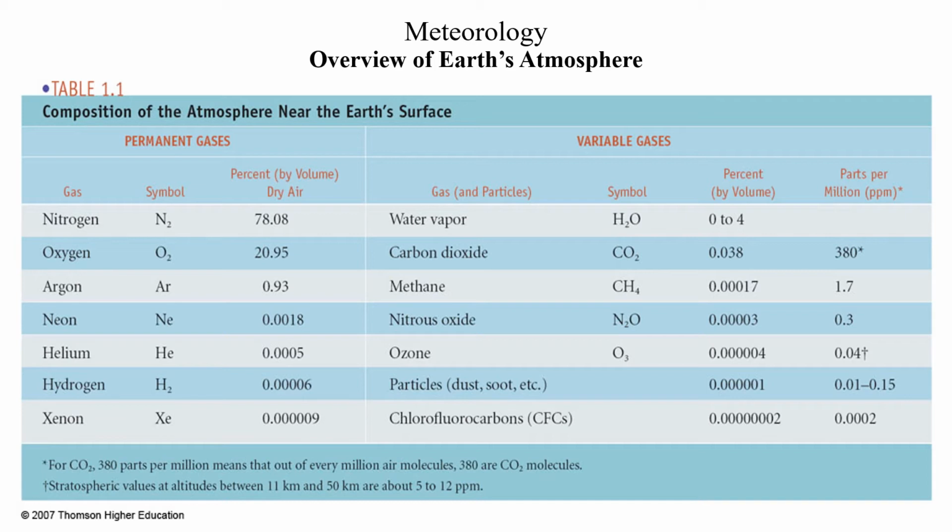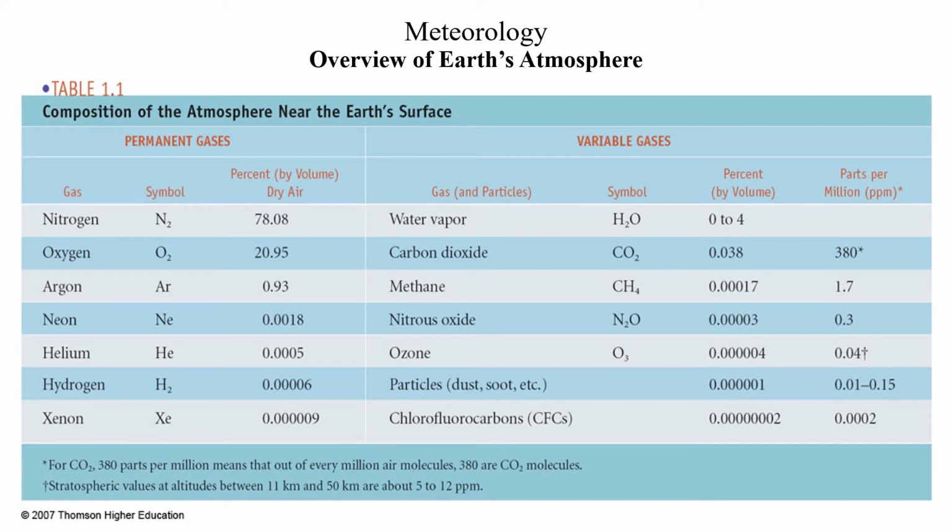Water vapor is most abundant in the air overlying warm, moist surface areas such as the tropical ocean, where water vapor may amount to as much as 4% of the total volume of the atmosphere. Over the desert, the water vapor content is very minimal, we can say less than 1%. So water vapor is variable because its content in the atmosphere varies.